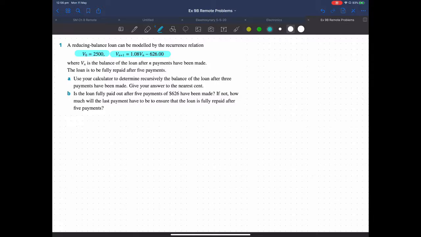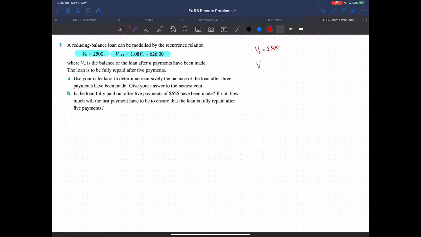626. If we were going to do this manually in part A to work out successive terms, our first term we're starting off with is V0 equals 2,500.